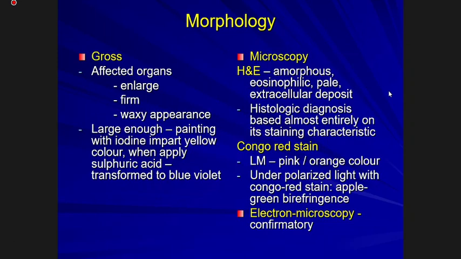But you can imagine that it takes accumulation of a large amount of amyloid in order to have an enlarged organ, right? So it really depends on how much amyloid is deposited in that organ, but generally the organs can become enlarged, firm in nature, and waxy in appearance.